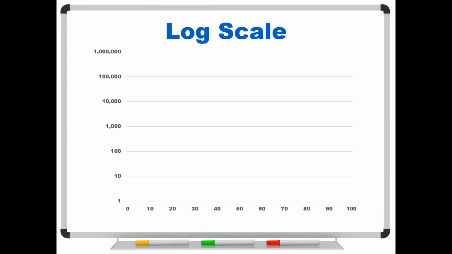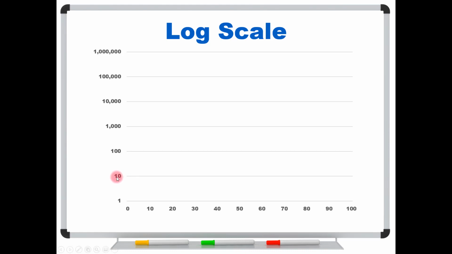So take a look here. Even though on the surface it might look like the same scale, the spacings in these horizontal rows are all the same, but notice that we're starting with 1 and then moving to 10, and then from 10 to 100, and then from 100 to 1,000, 1,000 to 10,000. See, the distance between these is not the same, but the percentages are.